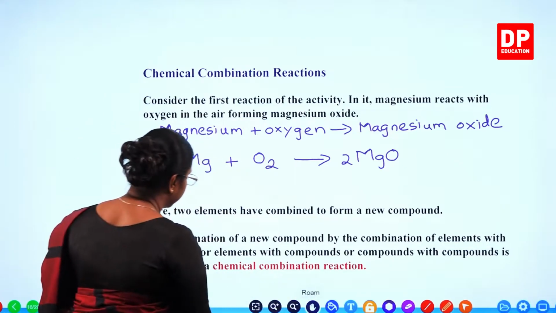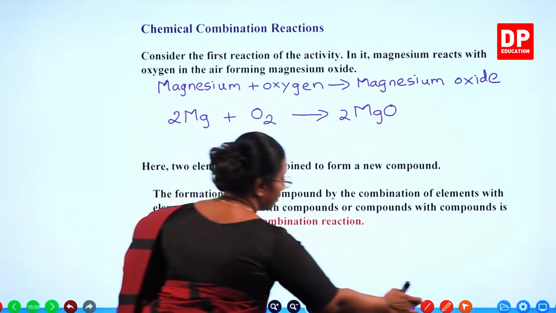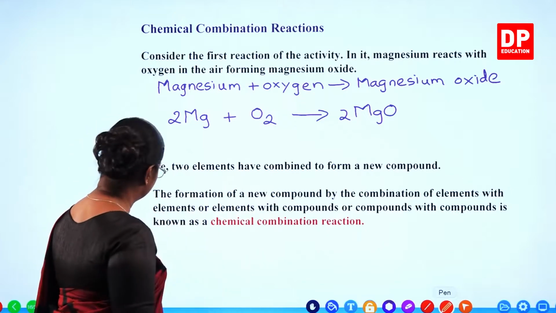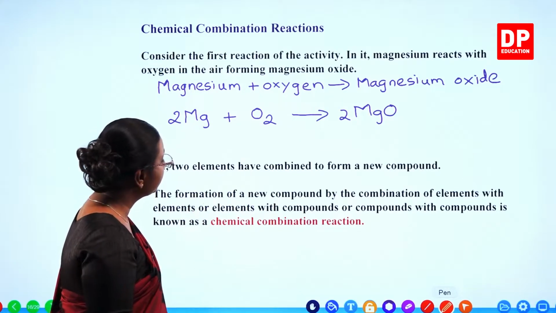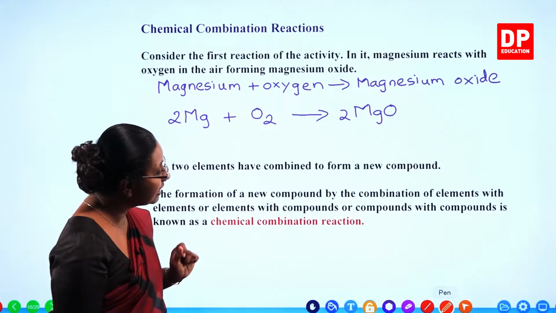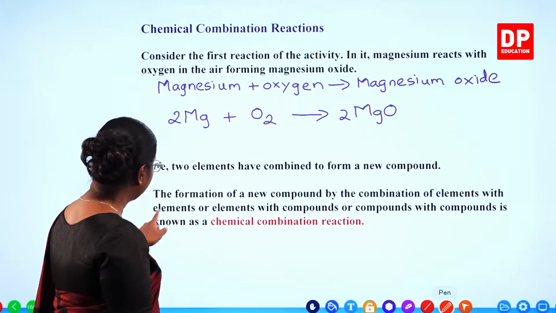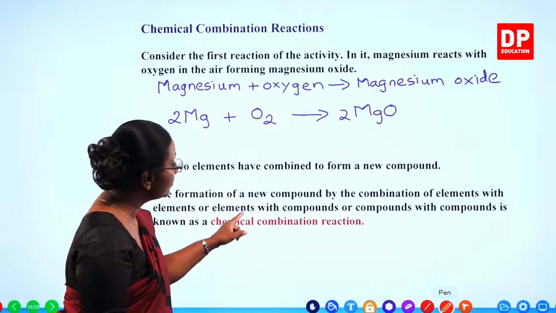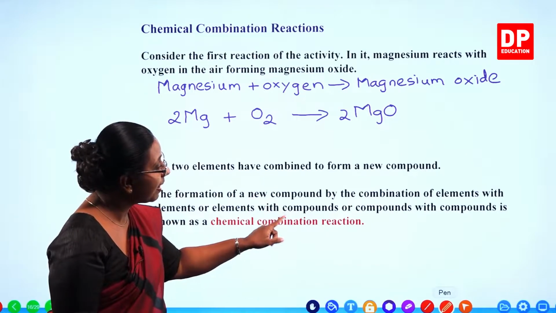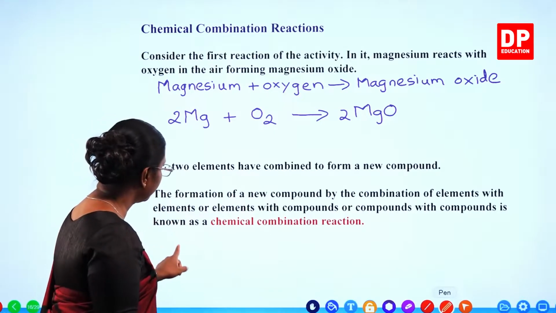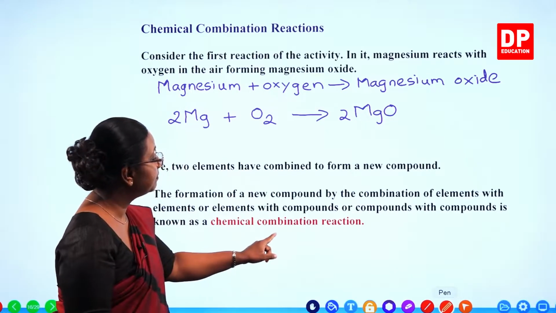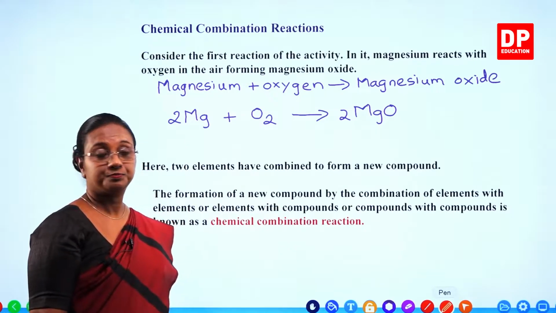The formation of a new compound by the combination of elements with elements, or elements with compounds, or compounds with compounds is known as a chemical combination reaction.